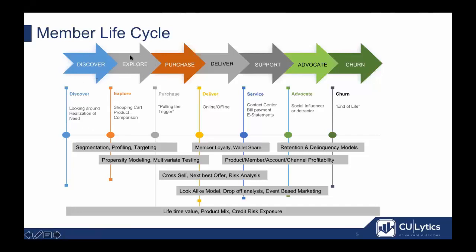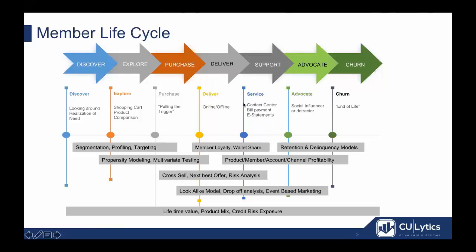Then they get into the explore phase, where they are doing some product comparison. Once they have done that, they are ready to pull the trigger and make that purchase decision. And once they have gone through that process, they want to have that product as soon as possible and start using it.